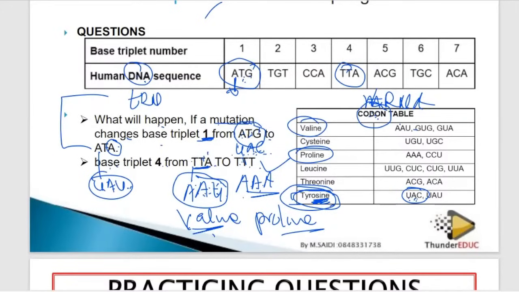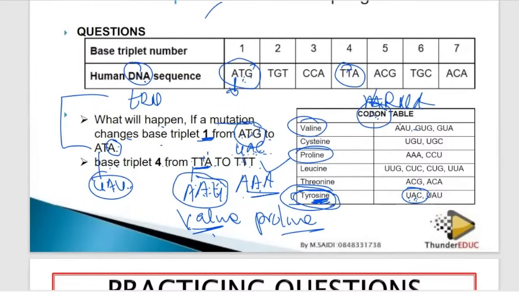Explain what will happen to a protein if the DNA base triplet, or if a DNA base, has changed. They have not talked about it, so you have to interpret it automatically. If the DNA sequence has changed, one base has been removed or replaced, whatever, it will lead to a different sequence of messenger RNA, which will lead to a different sequence of transfer RNA, which means a different sequence of amino acids.